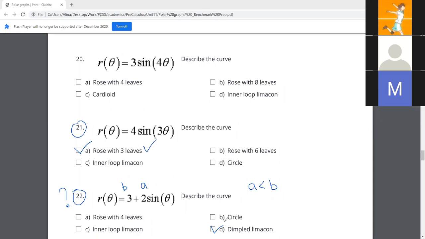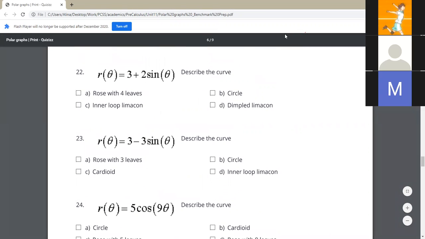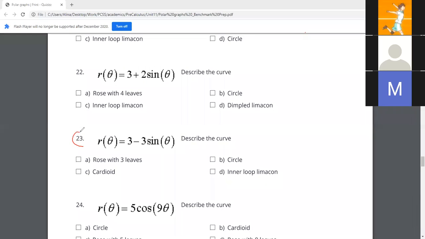You see it's a less than b, and it's the shape of an apple, or dimpled limaçon. Call it whatever. Number 23, Raphael, what's 23?